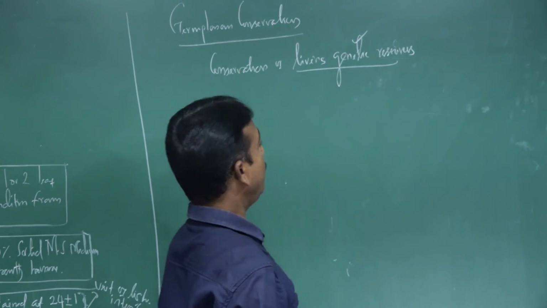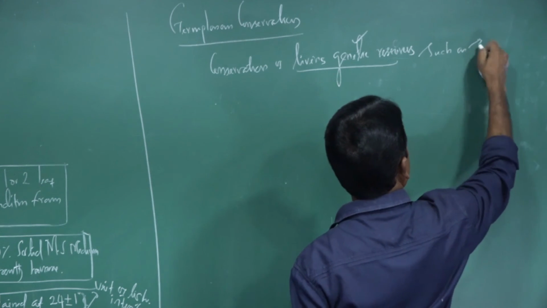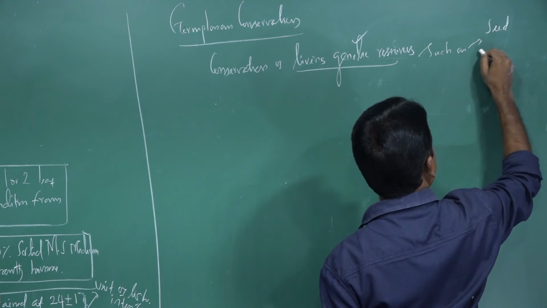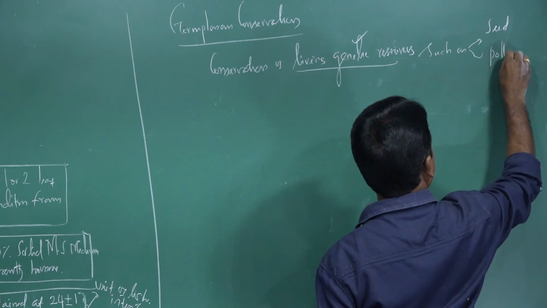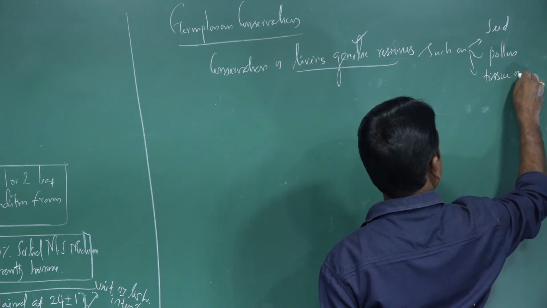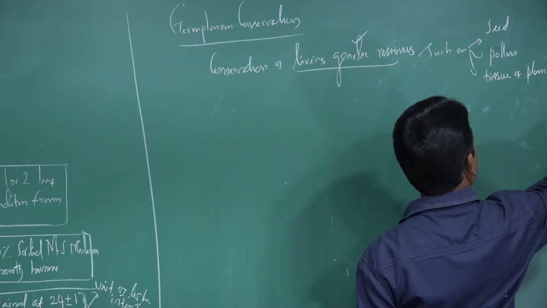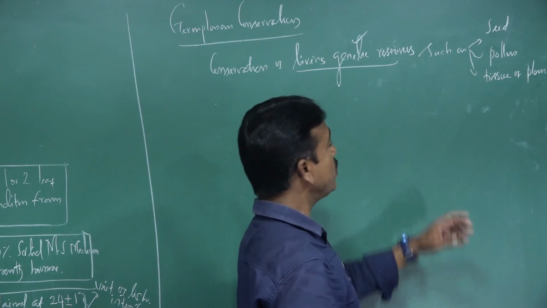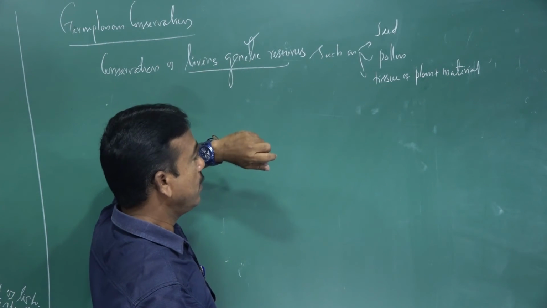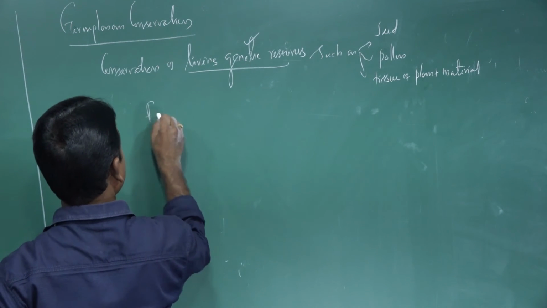Conservation of living genetic resources such as seed, pollen and tissues of plant material. Why should you conserve seed, pollen and tissues of plant material? Because they are responsible for future use.